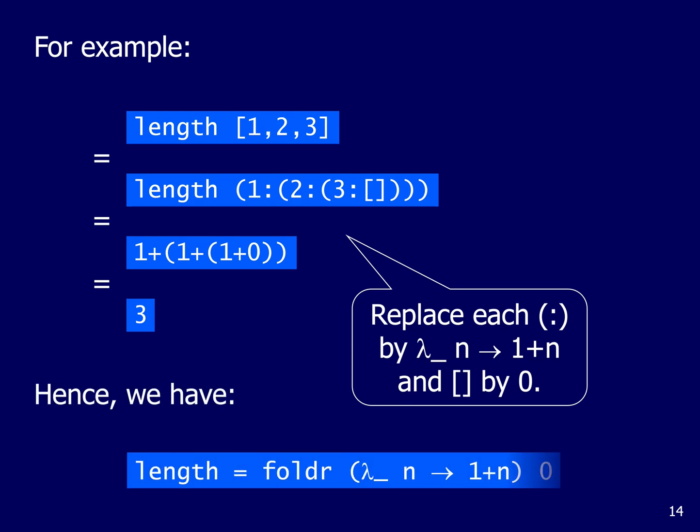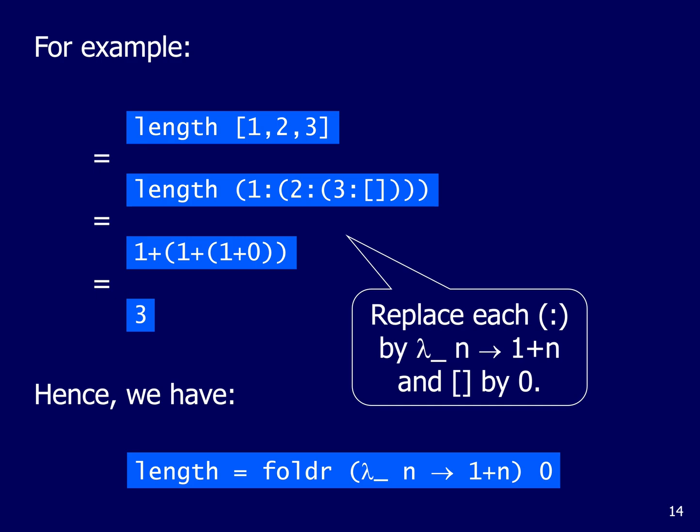Okay, so what this is telling us is if we put all this together, we can compute length by folding. So we call foldr with the function lambda underscore n, arrow 1 plus n. It simply adds 1 to whatever its second parameter is, doesn't care what the first parameter is, and then we give 0 in the base case. Okay, so nice, simple one-line definition for the length function.